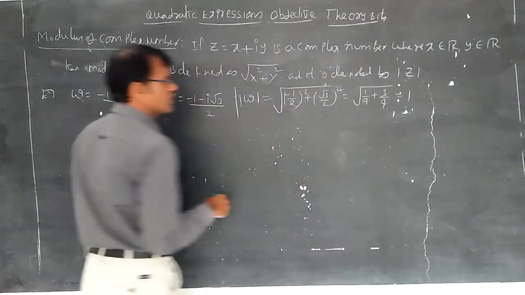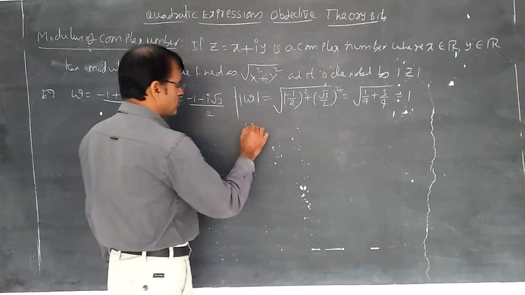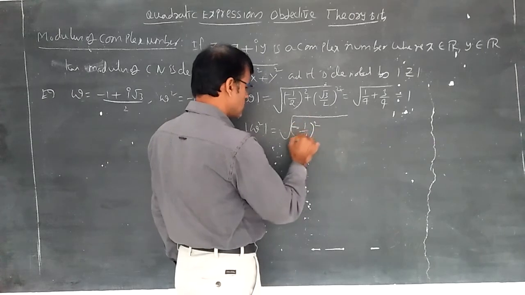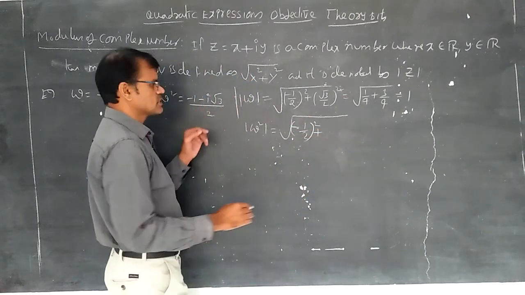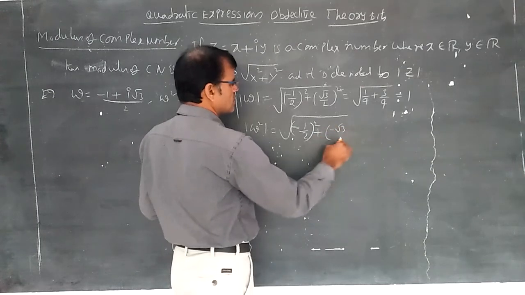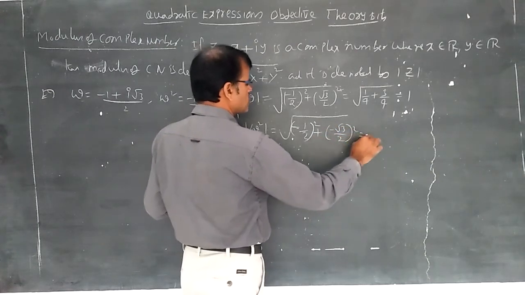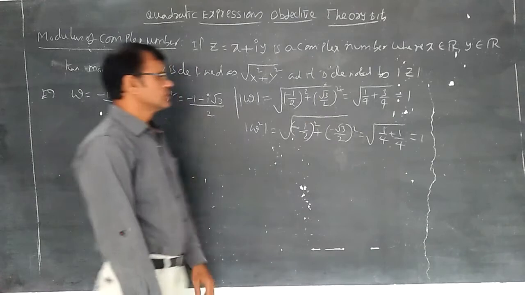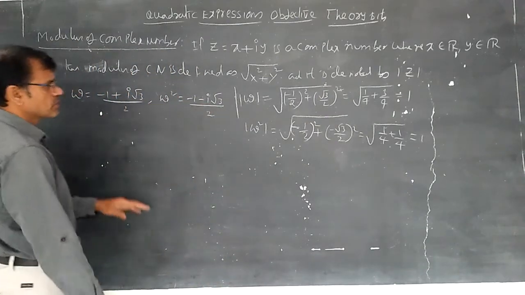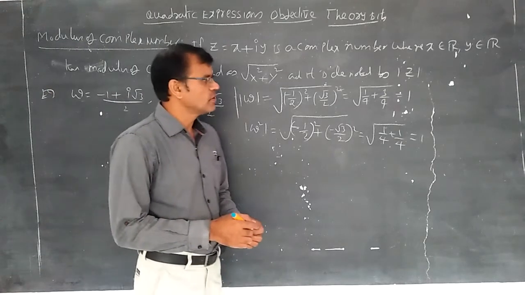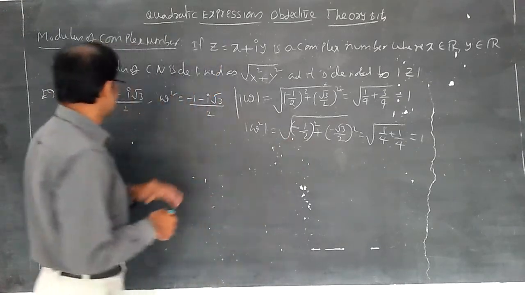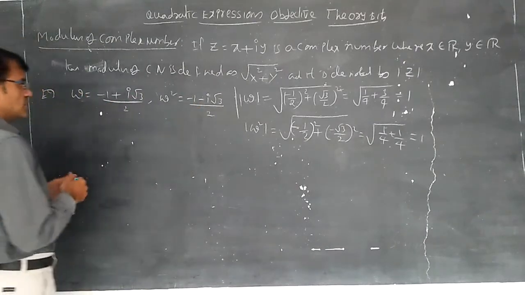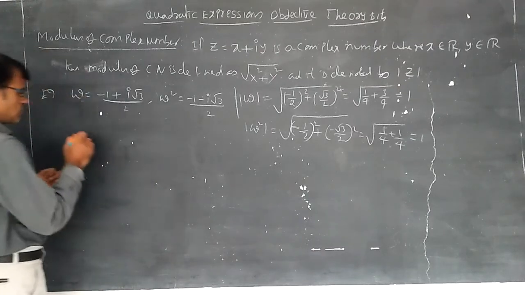Now the modulus of omega square: root of (-1/2)² + (-√3/2)², which becomes 1/4 + 3/4 = 1. We got equal moduli for both conjugate complex numbers. Of course, whenever complex numbers are conjugates, their moduli are equal.